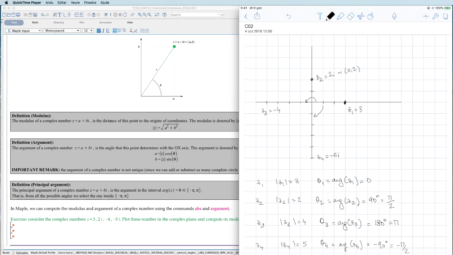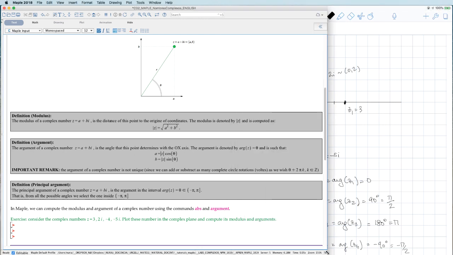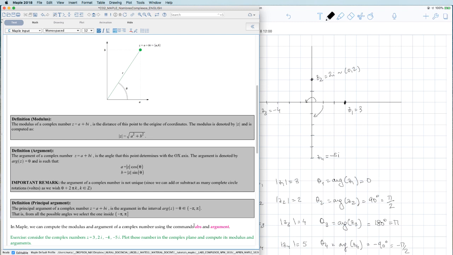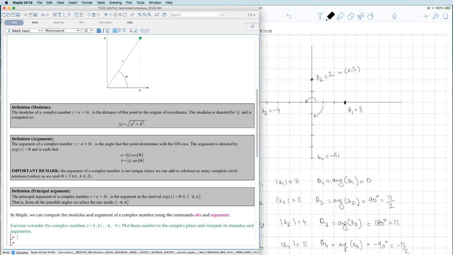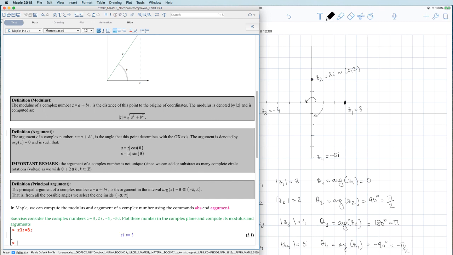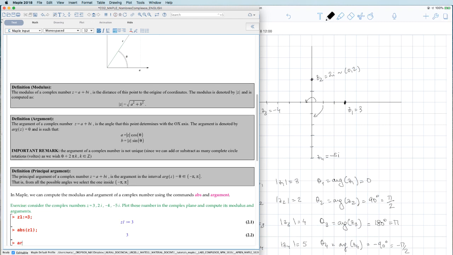So in this case, we have defined all the angles to be the principal arguments, but we can add as many circle rotations as we like. Let's check it out using Maple. So let's define Z1. Z1 is going to be 3. So its modulus is going to be 3, and its argument is going to be 0.